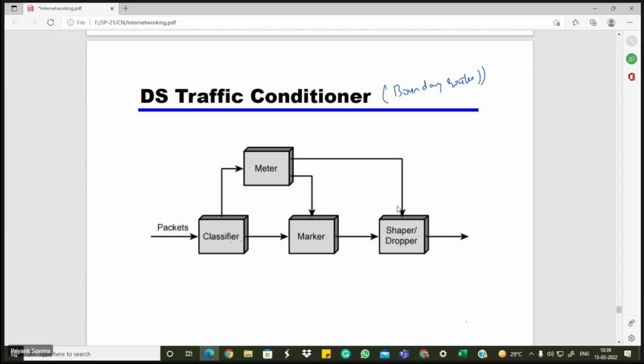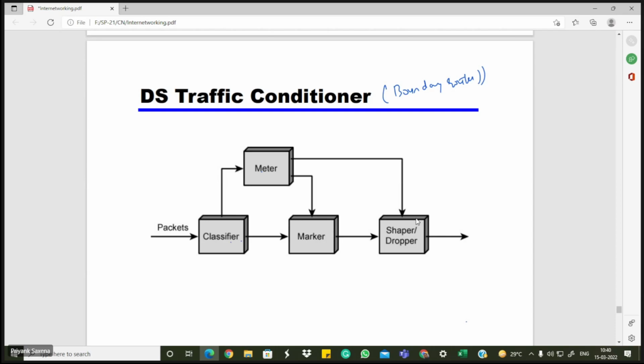The shaper and dropper delay the packets as necessary so that the packet stream in a given class doesn't exceed the traffic rate. The dropper drops packets when the rate of packets of a given class exceeds that specified in the profile. As I told you, as long as the submitted packets are in conformance with the traffic profile, they won't be dropped or delayed.